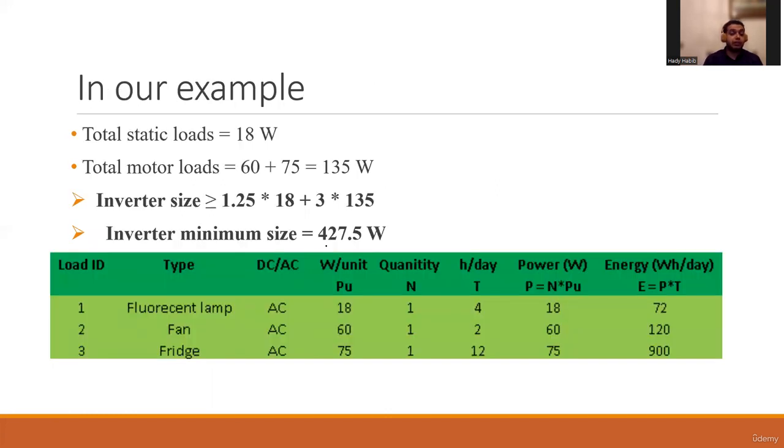In this example, we have a static load, 18 watt of the fluorescent lamp, and we have 60 watt and 75 watt as motor loads. So we have 135 of motor loads, and we have 18 watt of static loads. So the inverter size should be greater than 1.25 multiplied by 18 as a static load, plus 3 multiplied by 135 as motor loads.